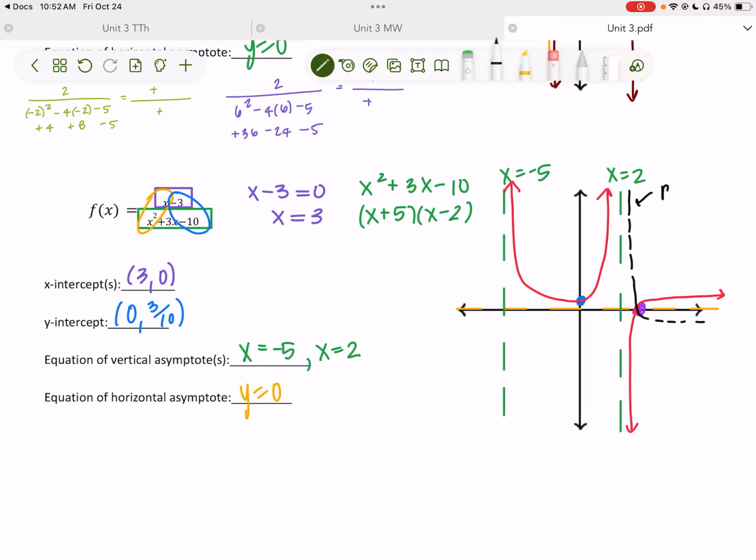So plug in x equals 3 and y is going to be positive, and that will tell you that that line is going to be above at that spot. Okay. So if you're not quite sure.